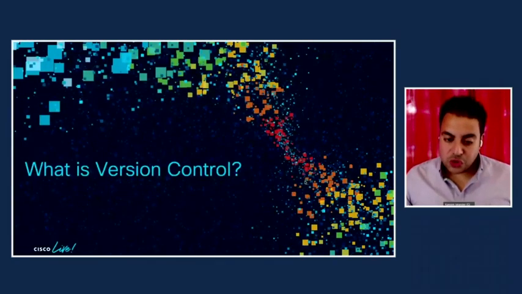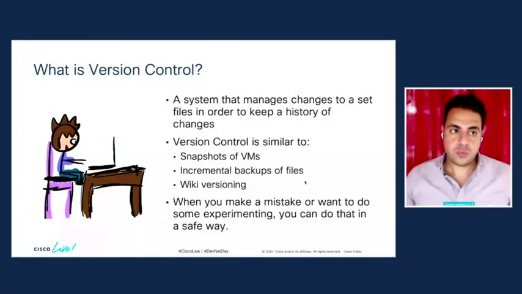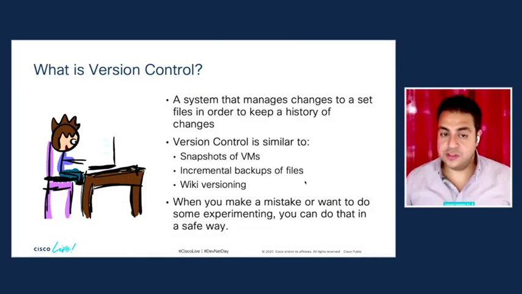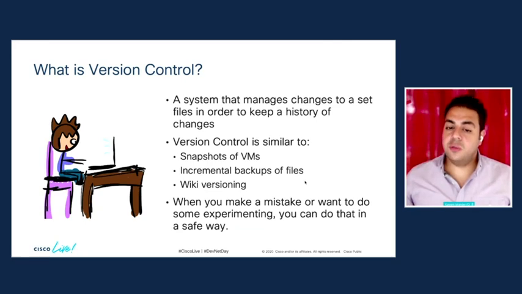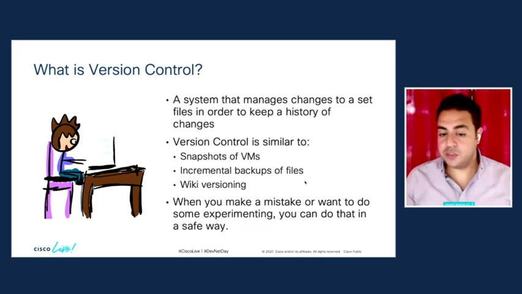So what is version control in general? Version control is a system that manages changes to a set of files in order to keep a history of those changes. Think about this: if you come from a data center world and you have VMs, version control is similar to taking a snapshot of a VM. You configure your VM, you have your operating system, you get your libraries up and running, you take a snapshot, and then you can mess around with that VM as long as you want.